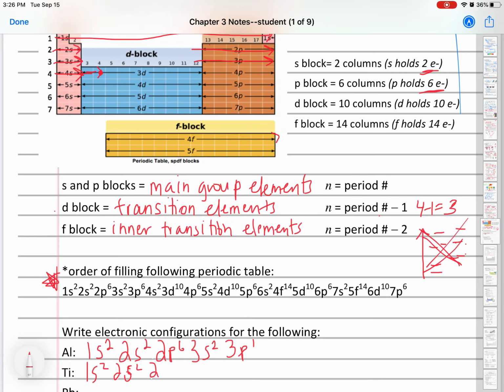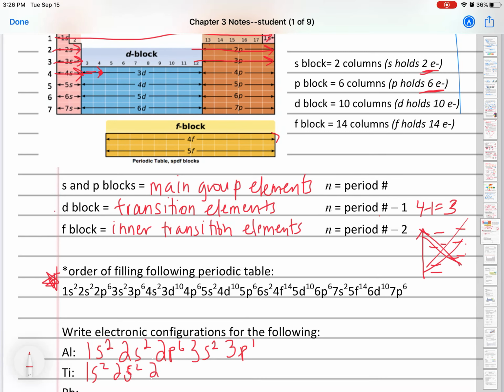So we said that electronic configuration is a shorthand configuration for orbital diagrams. But as we can see with lead here, sometimes electronic configurations can get out of hand and really long. And so we have a shorthand for the shorthand.